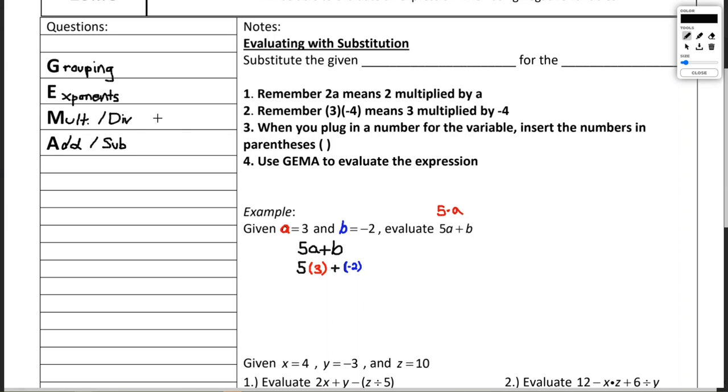Remember that multiplication and division is done left to right, so is adding and subtracting. It's not necessarily that adding or subtracting comes first. It's based on the order in which it's found in our problem.